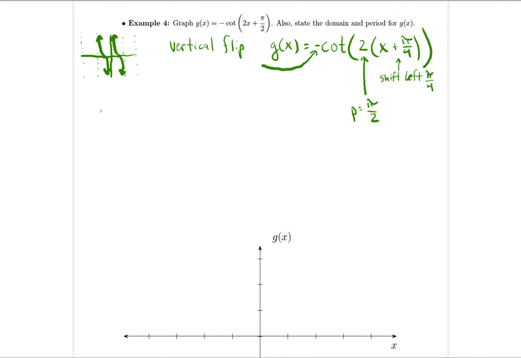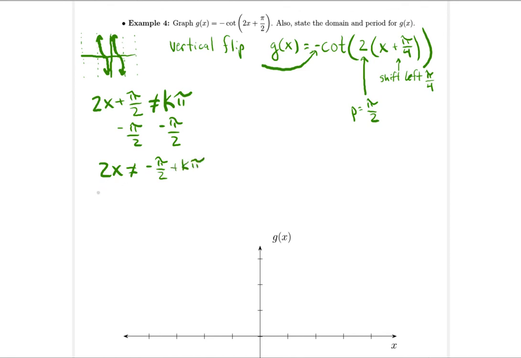So we know that what's inside of there, 2x plus pi over 2, is not allowed to be equal to multiples of pi. So we can solve for x. So 2x should not equal negative pi over 2 plus k pi.